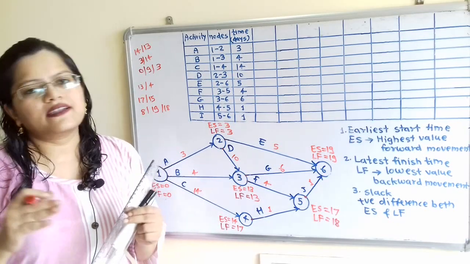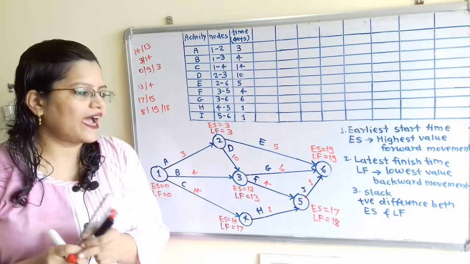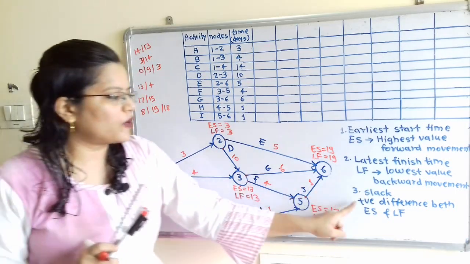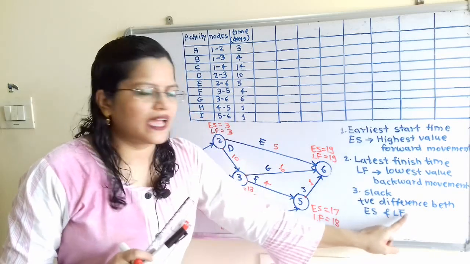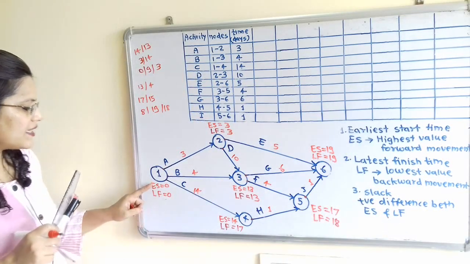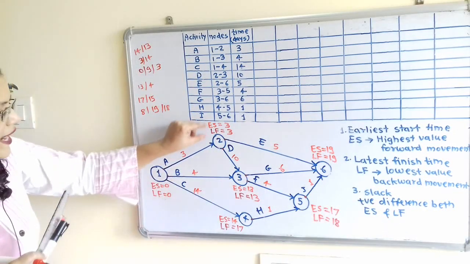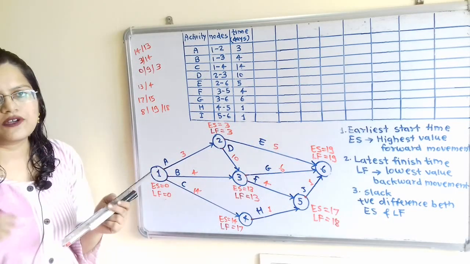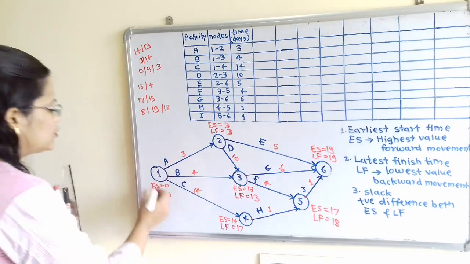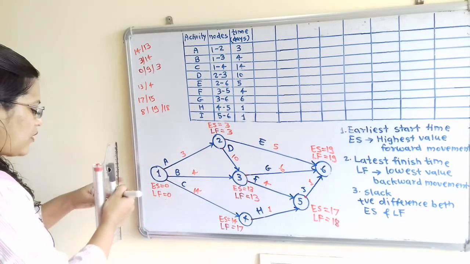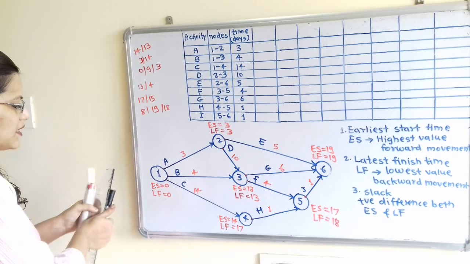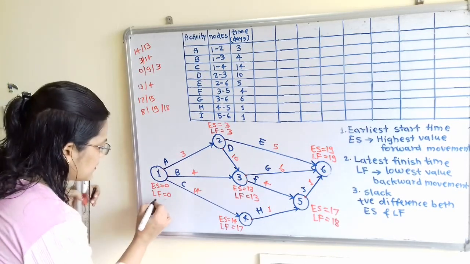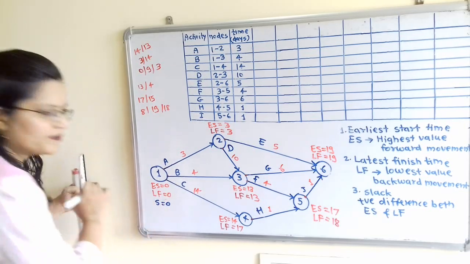Now to find out the critical path, we have to calculate the slack. What is the meaning of slack? That is the positive difference between ES and LF. So here is the value at each node. In the diagram only we will calculate the slack. We will mention slack here with the letter S. I will show this with the help of the blue marker. What is the value of S? S is 0.